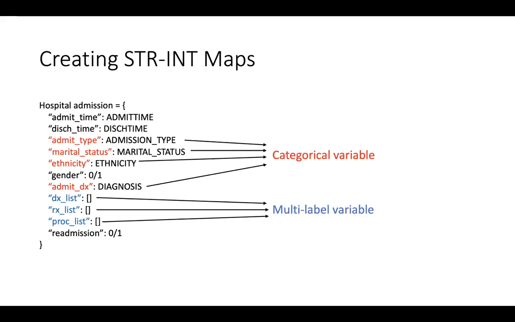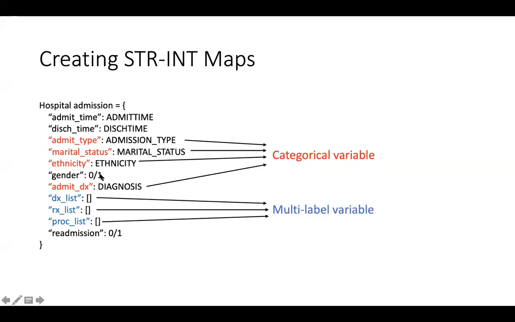So that's another type. These are discrete values. Marital status is also a discrete valued feature. You could be divorced, single, widowed, married, or complicated, whatever. So it's a categorical variable.